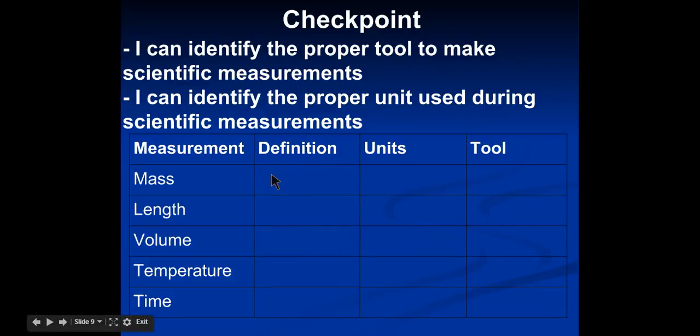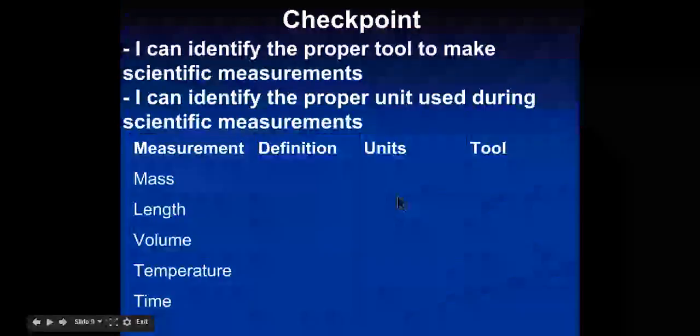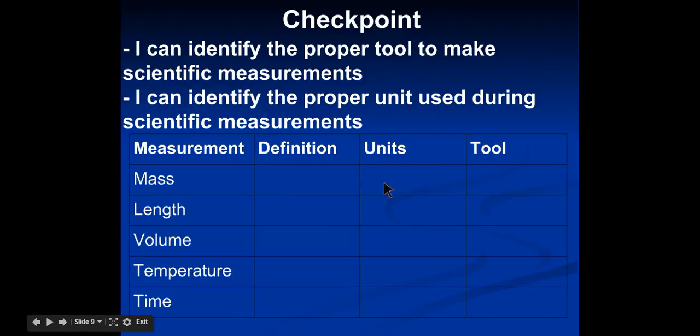For example, the definition of mass, we remember, is the amount of matter in an object. The unit is grams and the tool is a balance or scale. Make sure you fill out the table completely. Use your notes or go back and rewatch some of the video.